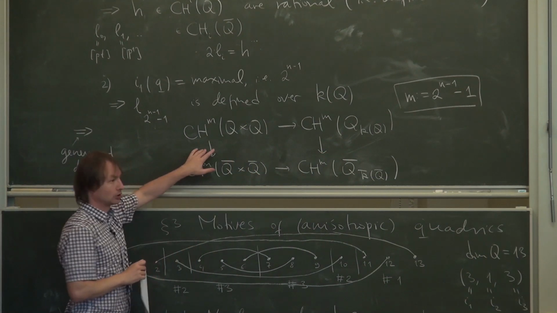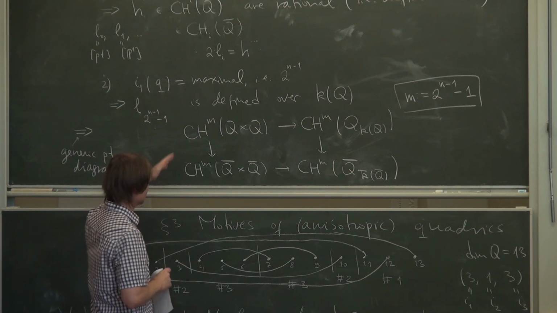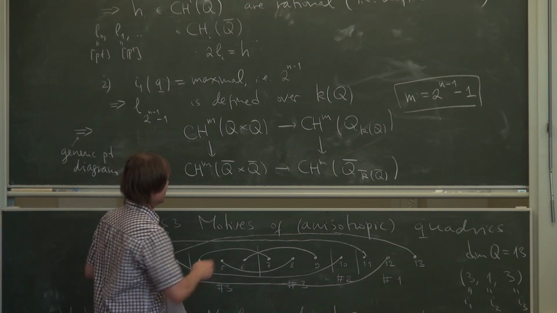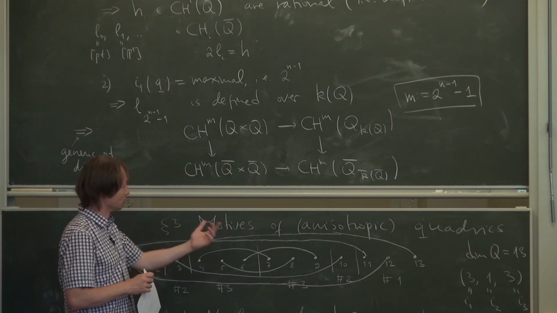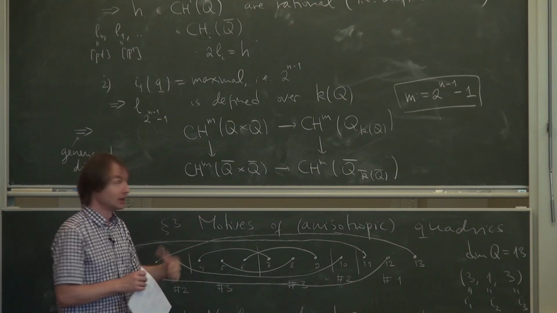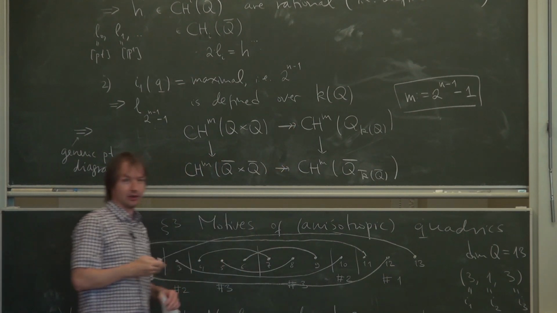The vertical arrows are just extensions of scalars from the base field to its algebraic closure, and the horizontal arrows are the pullbacks of embeddings of generic points. So they are surjective by the localization sequence, by the localization axiom.